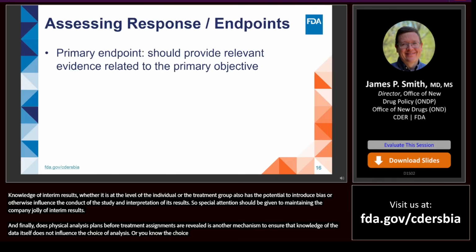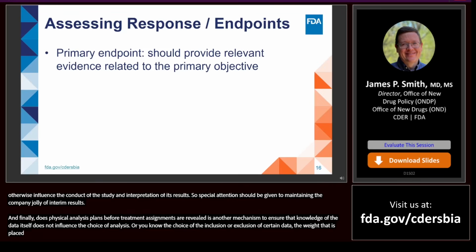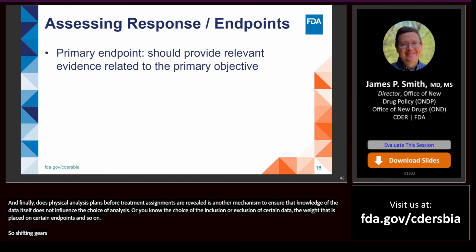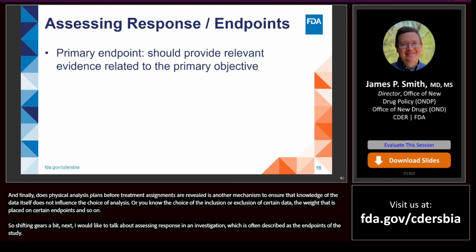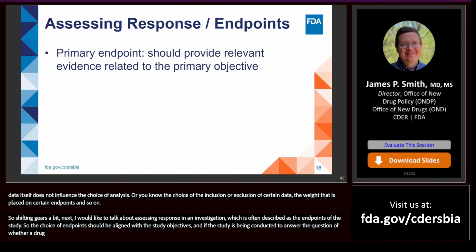So shifting gears a bit, next I'd like to talk about assessing response in a clinical investigation, which is often described as the endpoints of the study. So the choice of endpoints should be aligned with the study objectives. And if the study is being conducted to answer the question of whether a drug is effective for a certain disease or condition, those endpoints should be meaningful for the intended population, and may also take into account the views of patients.